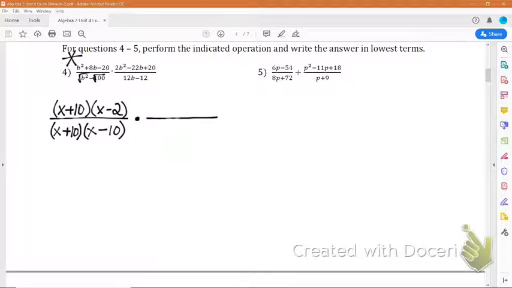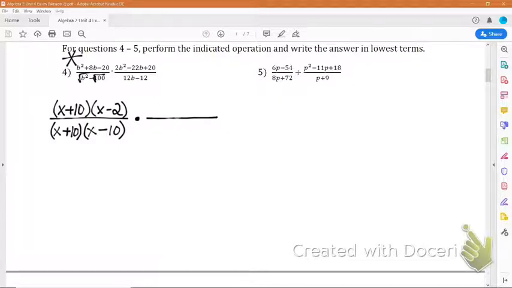For the tricky part, for the second fraction, what do you notice about the numerator of the second fraction? It's 2b squared minus 22b plus 20. Yeah, so they're all even. Instantly I know, since I have 2, 22, and 20, I have a greatest common factor, and I must bring it out.